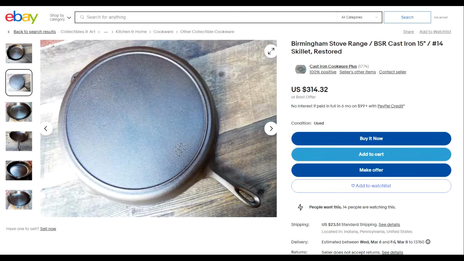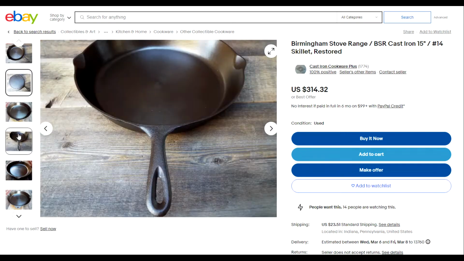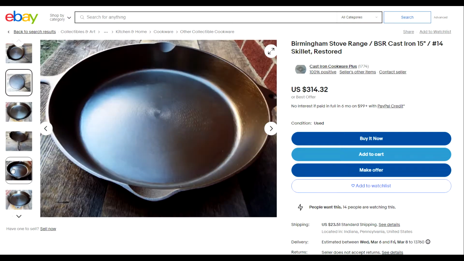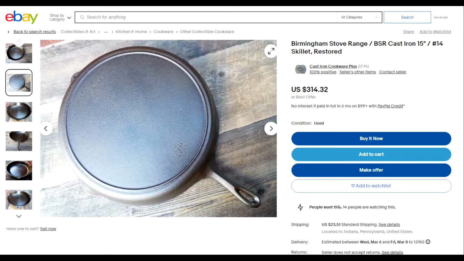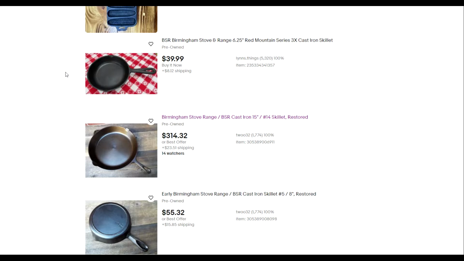But it's in not bad condition. Yeah, it's a number 14. It's definitely 1970s series. But man, you can see the swirl marks on it and everything. So it's got a really nice surface to it. I can't deny that. That's for sure. Oops, wrong one. Okay.